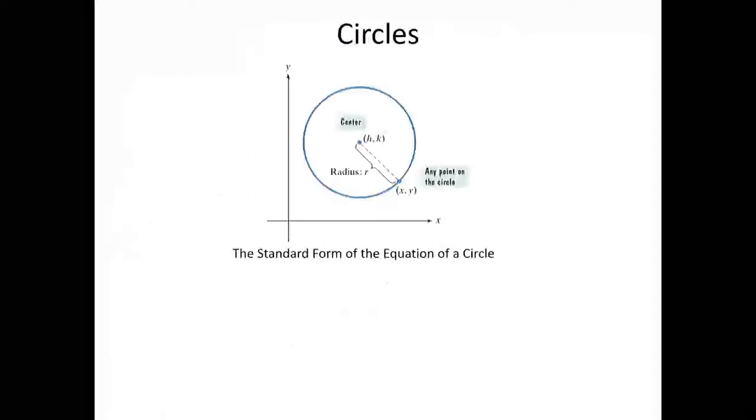We will now introduce you to circles. All right, what is a circle? A circle is a set of all points in a plane that are equal distance from a fixed point. The fixed point is called the center of the circle.